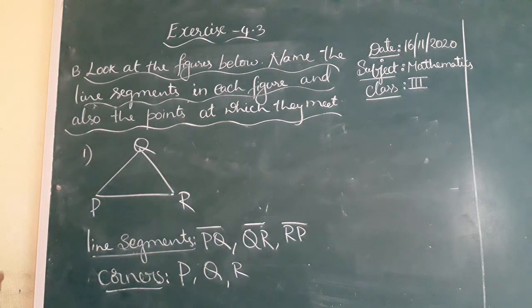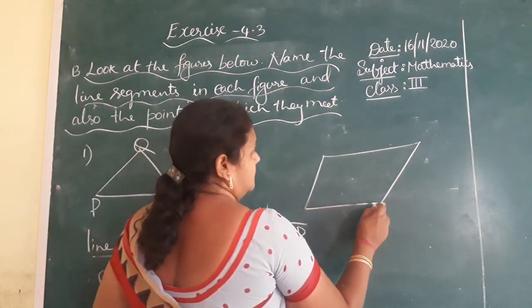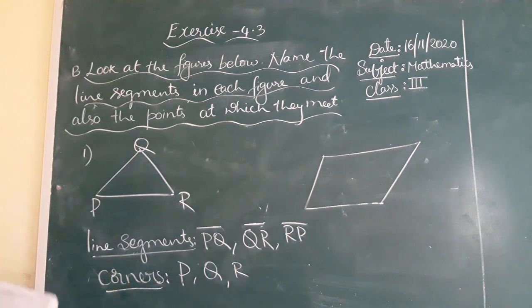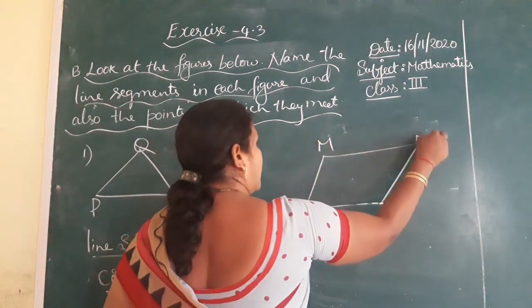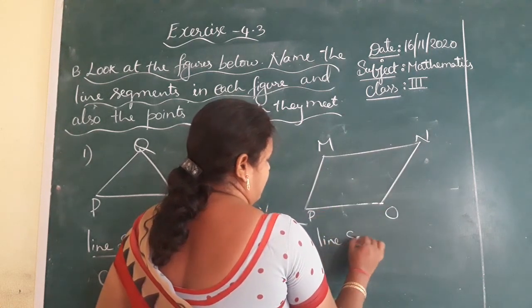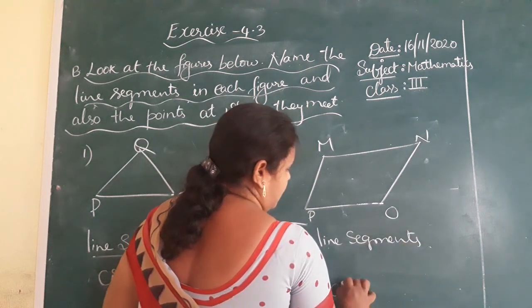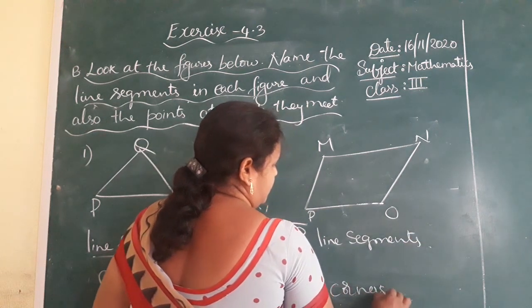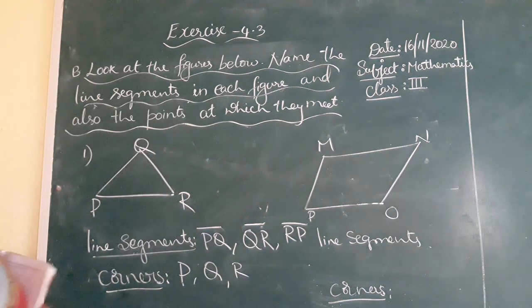Okay, see the next figure. What does this figure look like? MNOP. It's a quadrilateral and they are asking what the line segments are and what the corners are. What line segments are there here?